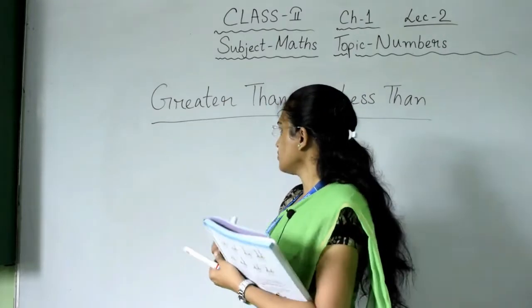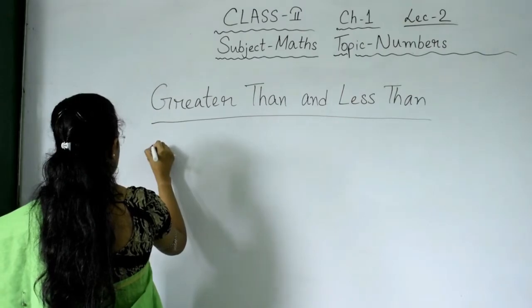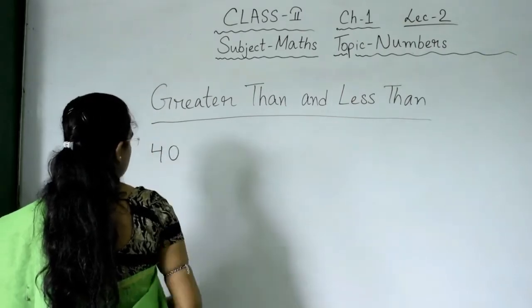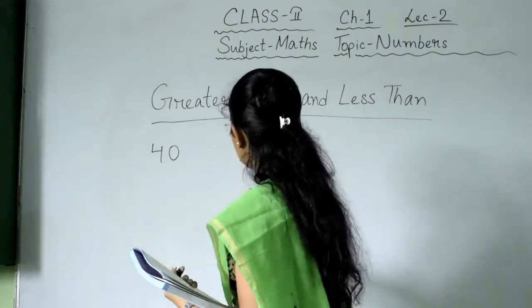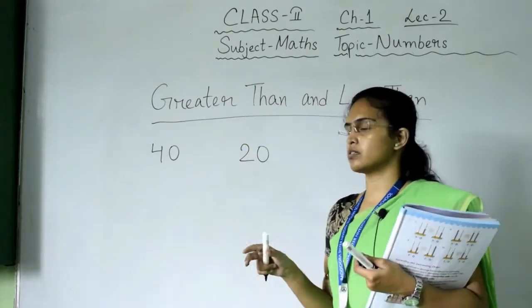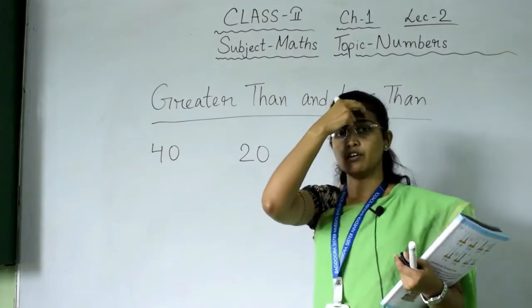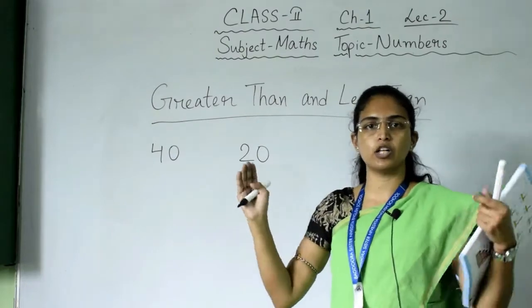Suppose I have given you two numbers. One is 40, another one is 20. Which one is the greater number? Which one is the bigger number? We have already learned about biggest and smallest numbers. Biggest means bada and smallest means chota.